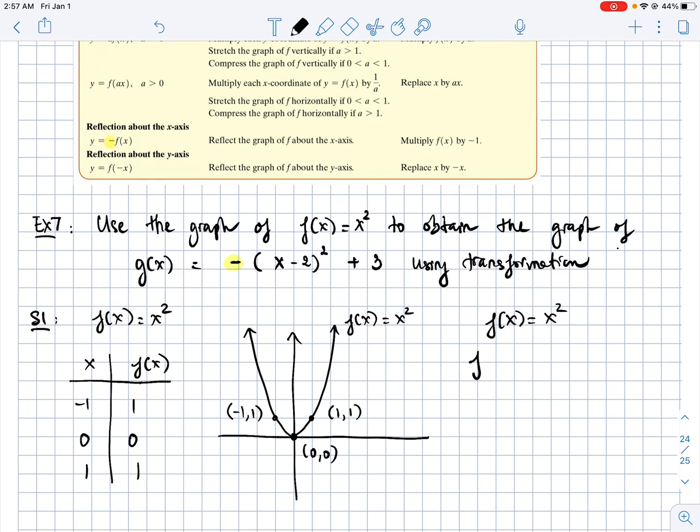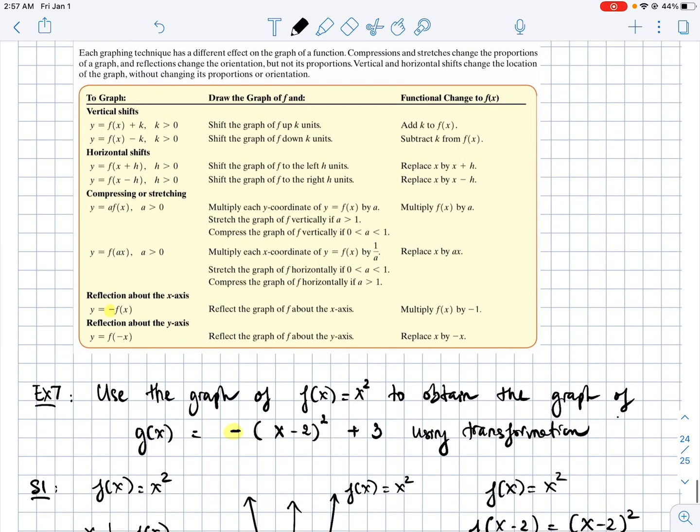The minus 2 is inside the parenthesis. For example, let's look at this. If I have f of x equal to x squared, and I change the input to x minus 2, then I will get x minus 2 squared. When your input changes, look at the horizontal shift.